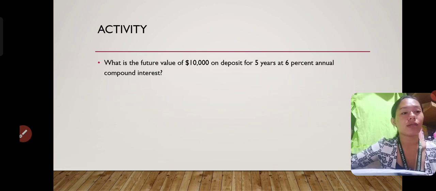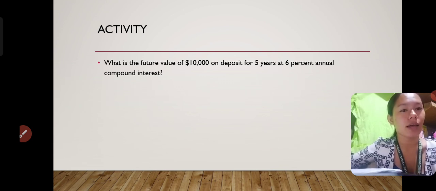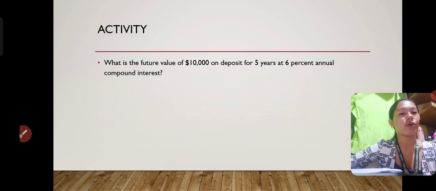Put this in one half sheet of paper and answer this in 10 minutes only. It's the same as example number 2, nag-deposit din siya ng 10,000 for 5 years at 6% annual compound interest.